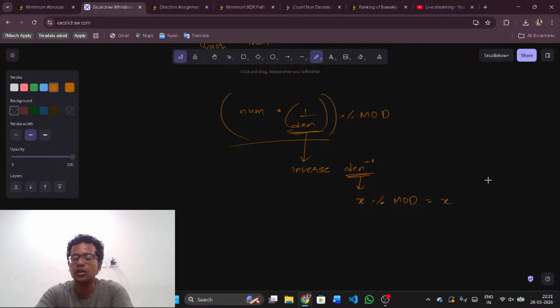Let me know in the comment section how we can do this inverse mod operation. Let us know in the live chat how we can get the inverse mod of a number. Let me write it.